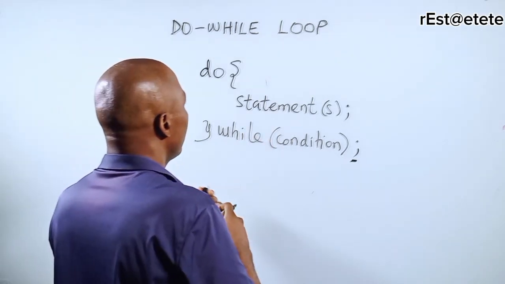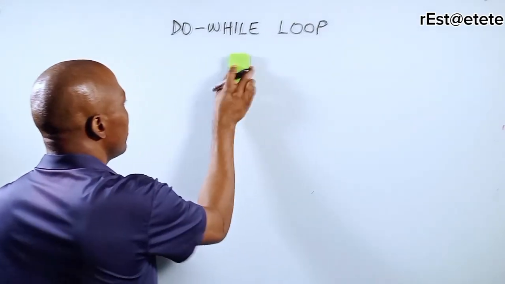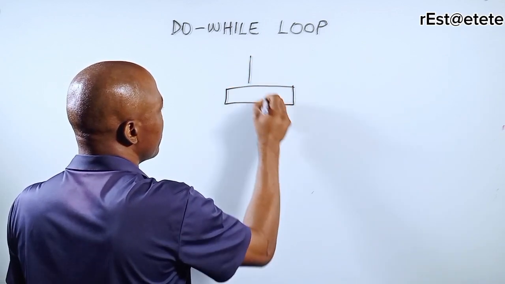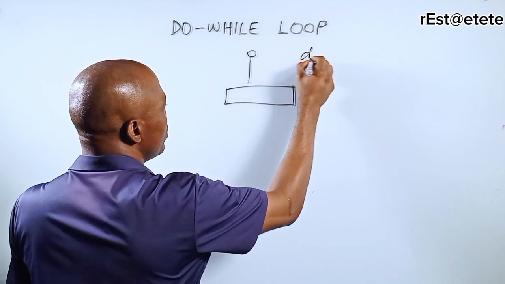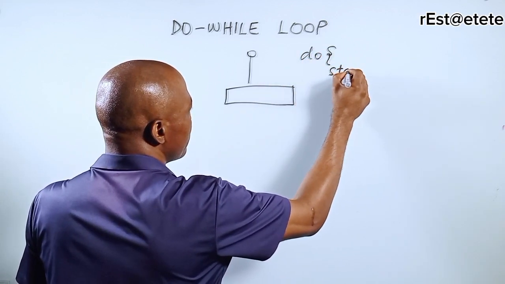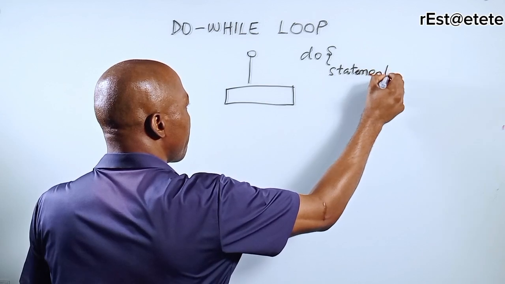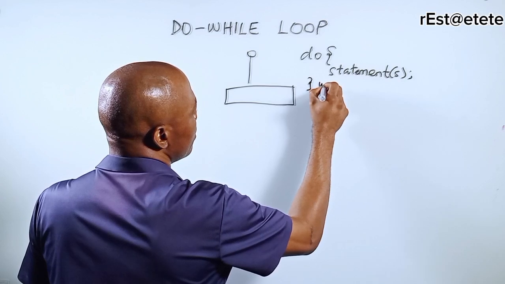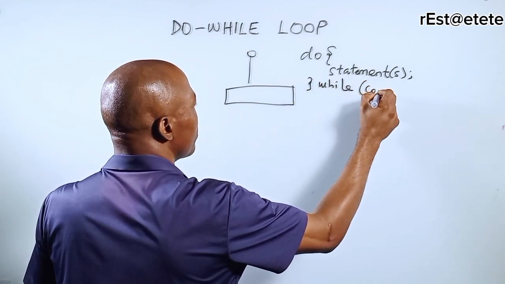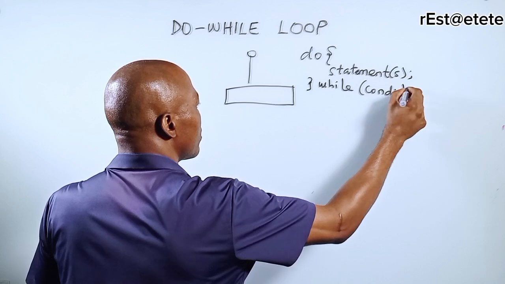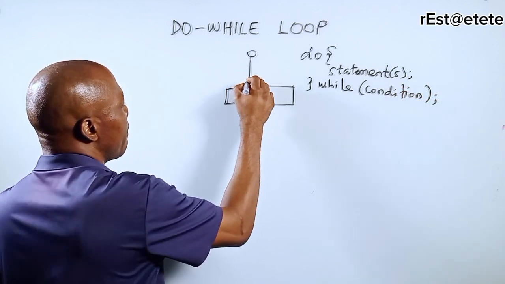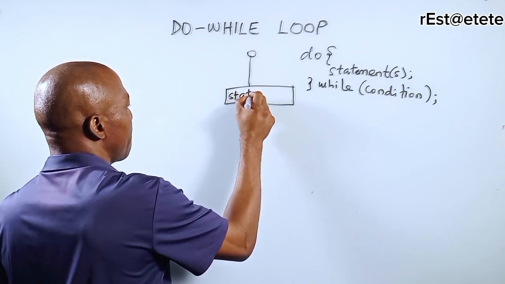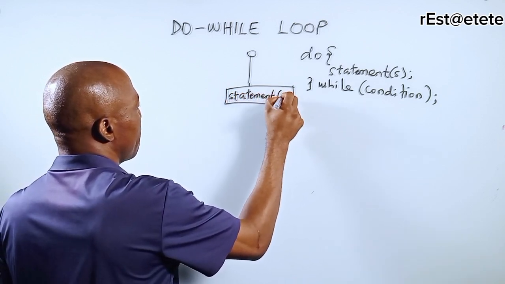Just like this, okay? So the flow chart is that you write this, right? So you do the do, then statement, right? While condition, right? So here, I'll say statement, right?